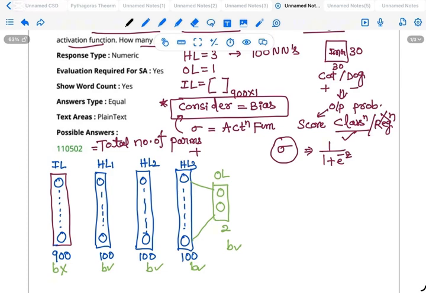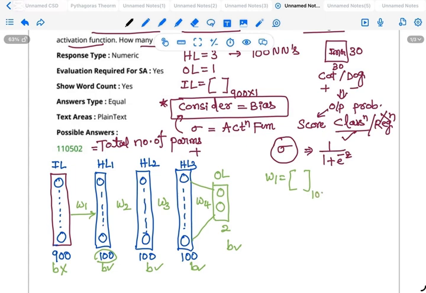So there are weight matrices. W1 is from the input layer to hidden layer 1, then W2, W3, and W4. There are 4 weight matrices. The size of each weight matrix: first we write the output side, the right hand side layer dimension.